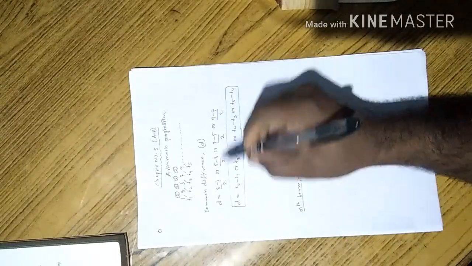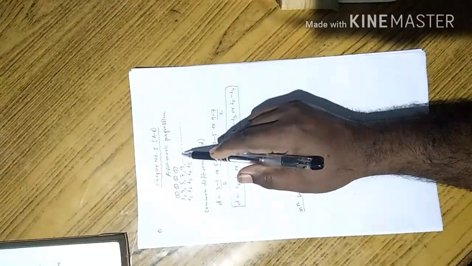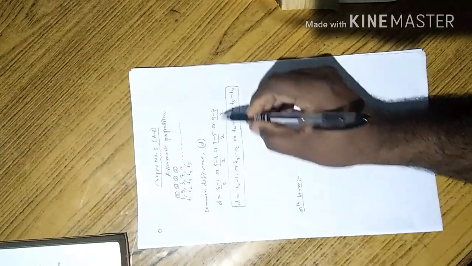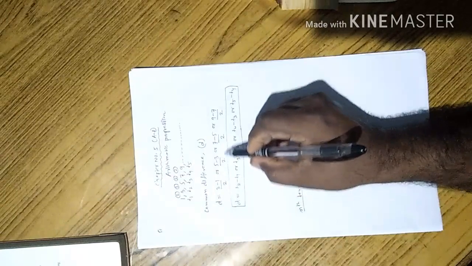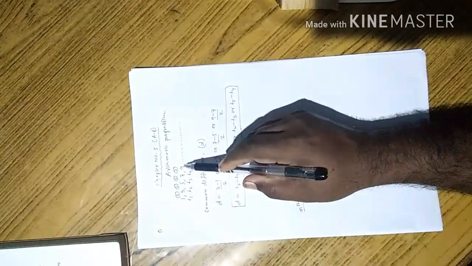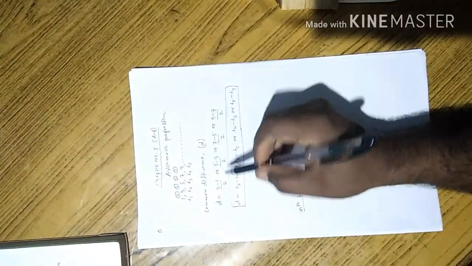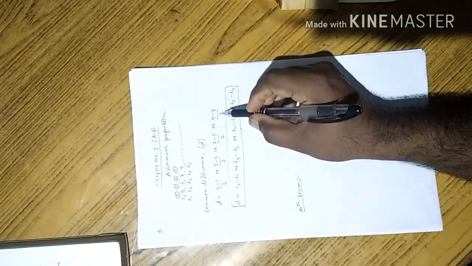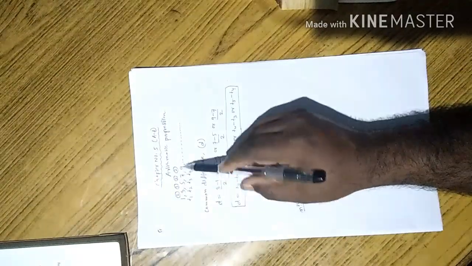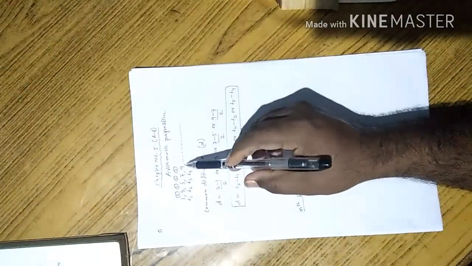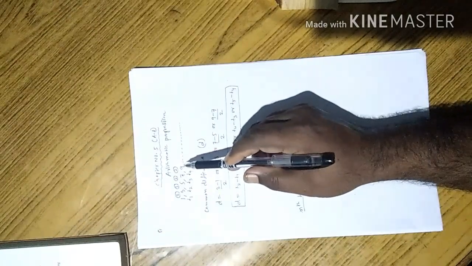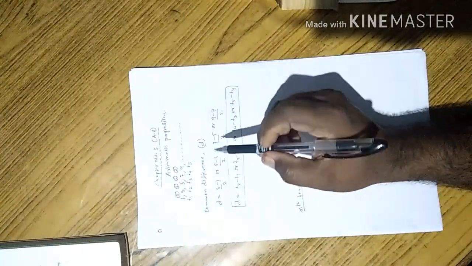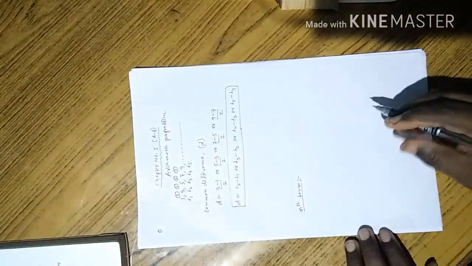Then the given numbers will not form an AP. If the difference is the same everywhere, then the given numbers will form an AP, otherwise not. Suppose here you got 2, here 3, here 4, here 2. Then these numbers will not form an AP. So, when will the given numbers form an AP? If the common difference is the same. I hope you understand.